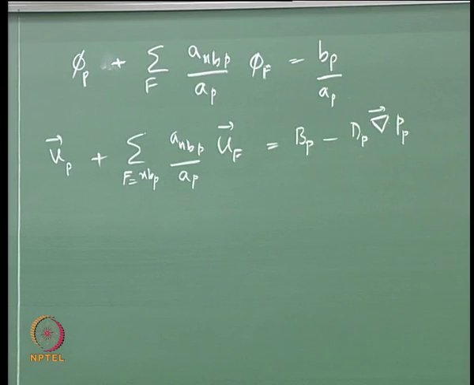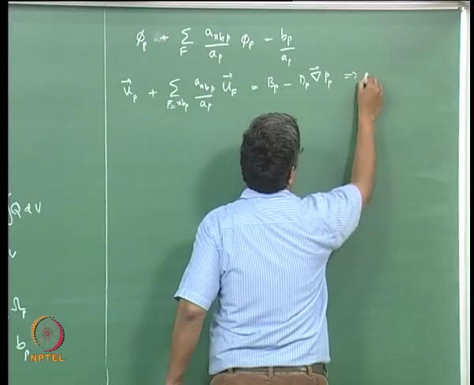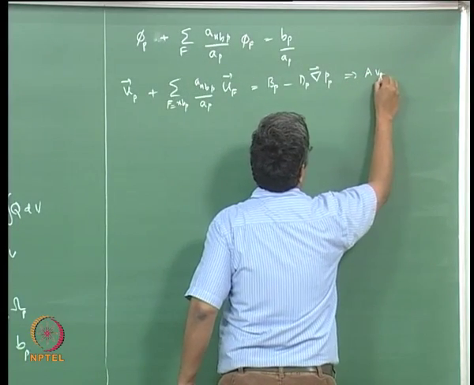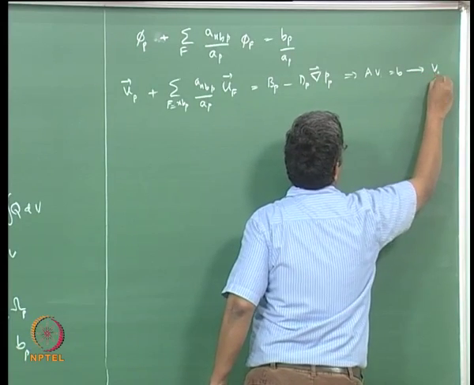So this is a treatment of the discretization of the momentum equation, which will ultimately be converted into that AV equal to B, from which we get V.